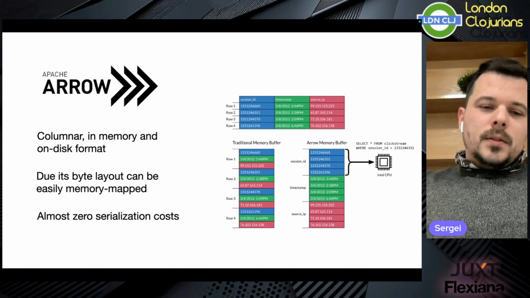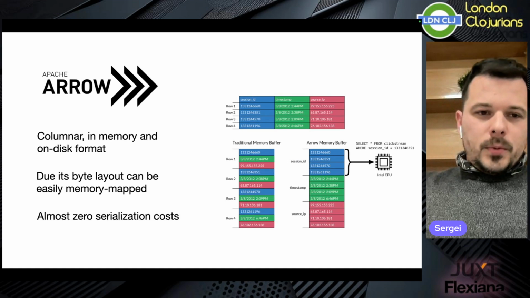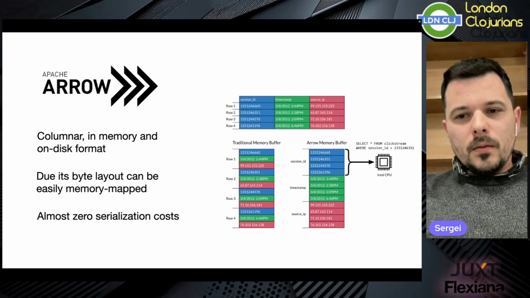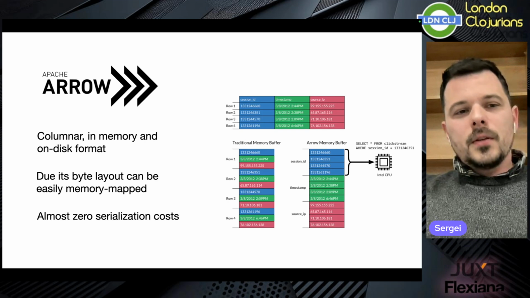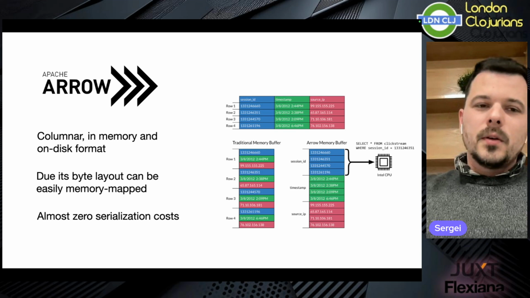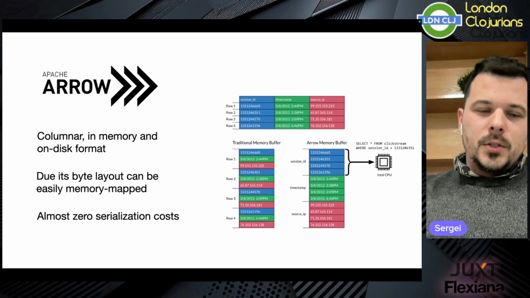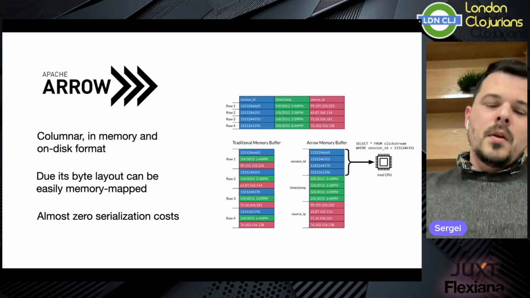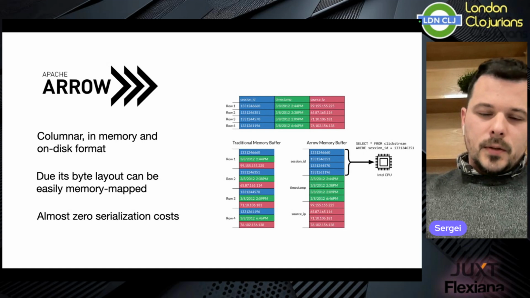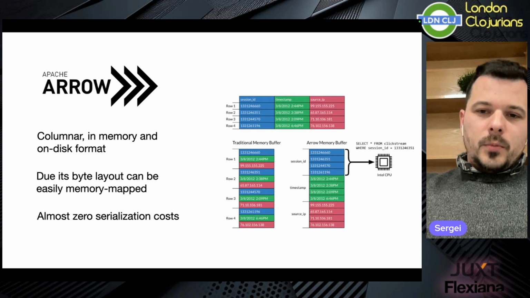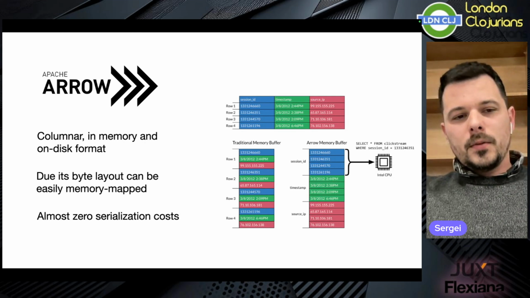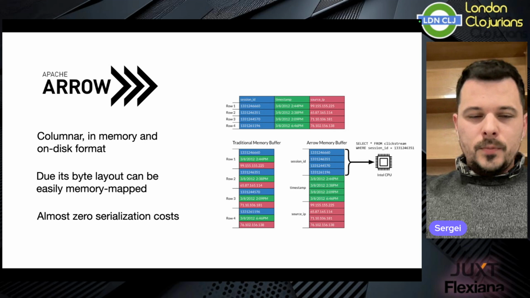Yeah, and if you aren't familiar with the Apache Arrow format, it is a very interesting piece of software. For example, modern data warehouses heavily use Arrow because Apache Arrow is a columnar format, so it stores your data as columns, and it's more efficient to process and execute analytical queries on top of such a format, where you don't have rows stored together, but your data is structured as columns.